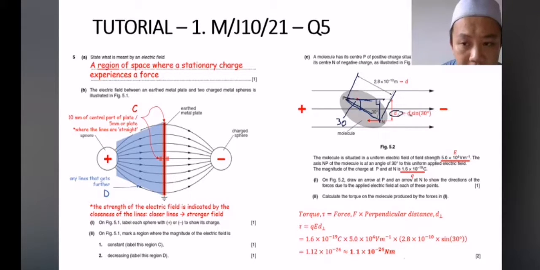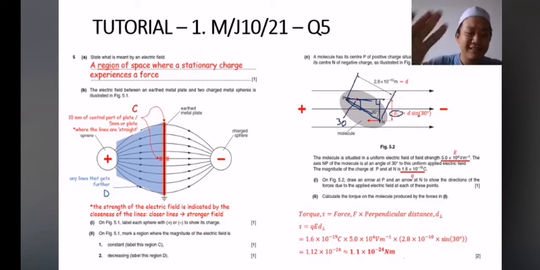So this one is equal to D, the hypotenuse, multiplied by sin 30 degrees. Okay, so hopefully that answers your question. If okay, thumbs up, or just say okay.